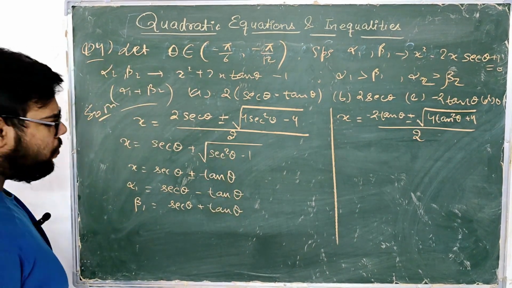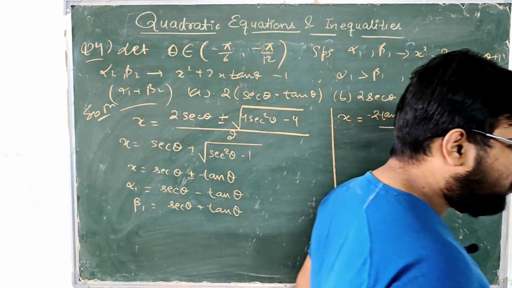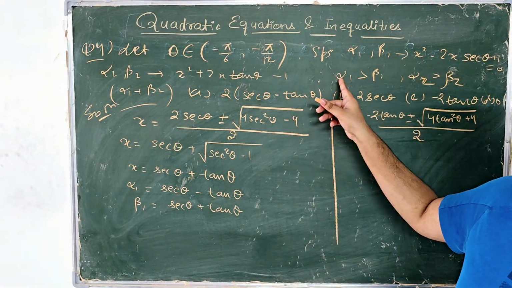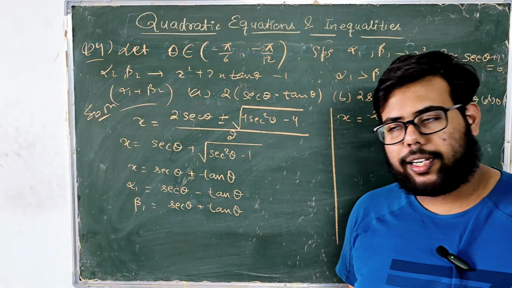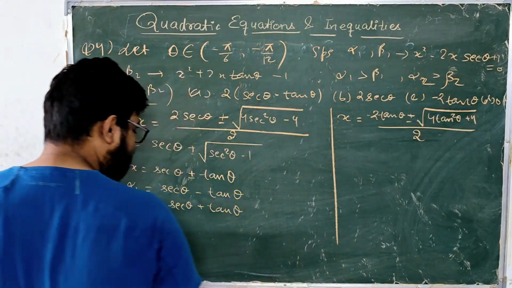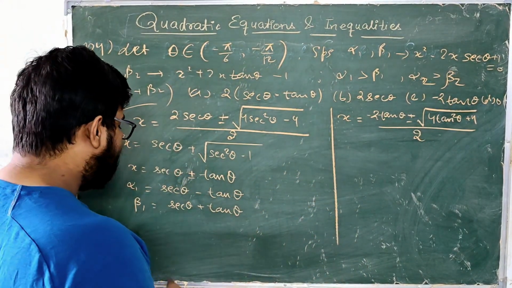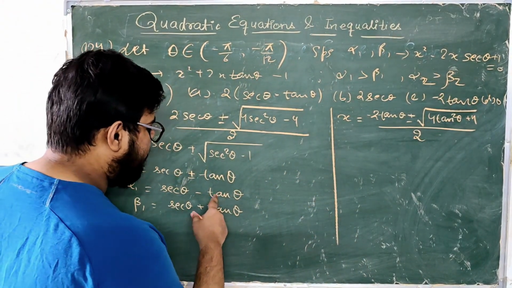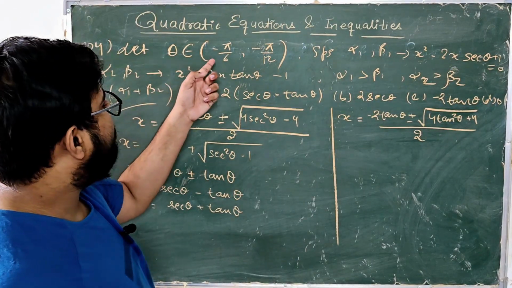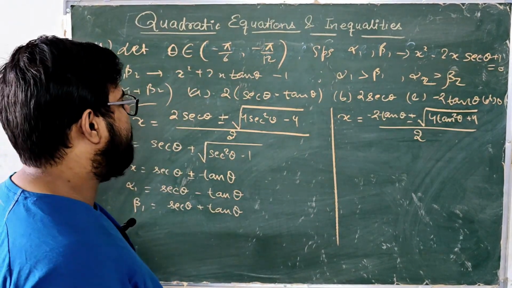Correct? Why? Because we are given that alpha 1 is greater than beta 1, right? Which implies that alpha 1 should be sec theta minus tan theta. Why? Because the domain is from negative pi by 6 to negative pi by 12.